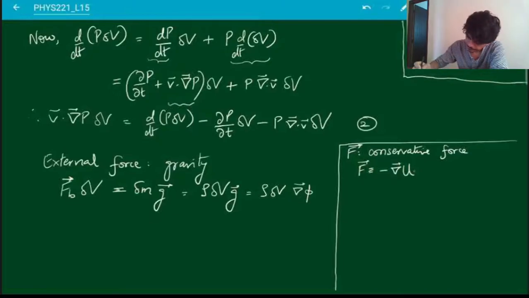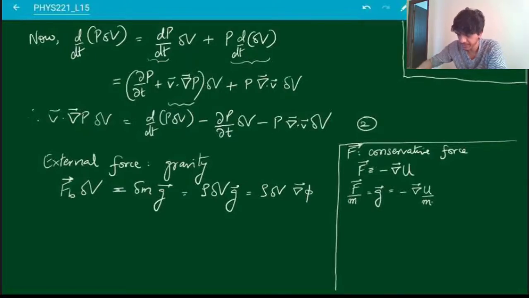Now, if I'm talking about force per unit mass, which is essentially g vector, then this I should be able to write as negative gradient of U divided by mass. U is called over here potential energy. This is one way of defining it.